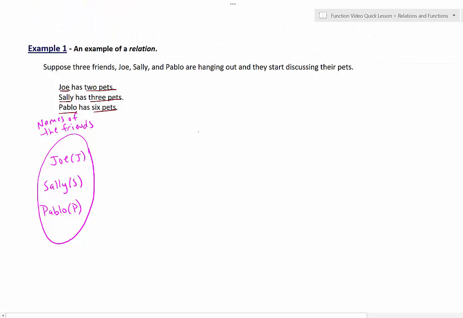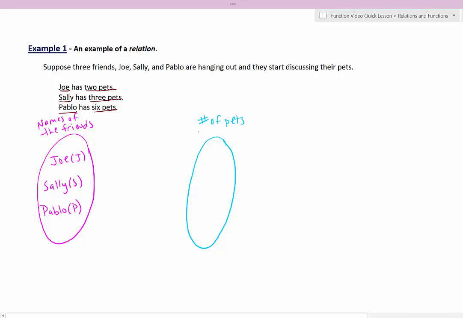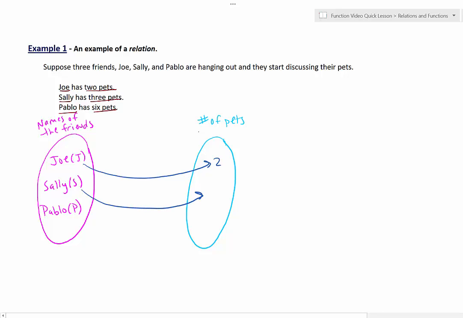Now, of course, each of these friends have some pets. So over here, we're going to make a little diagram to keep track of the number of pets that each of these people have. Of course, we know Joe's got two pets. Sally, three pets.